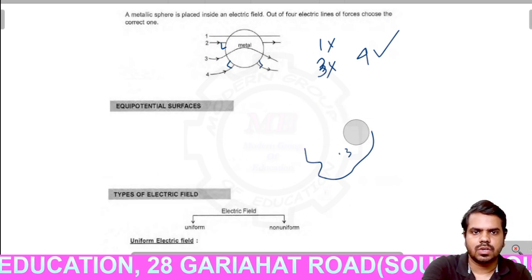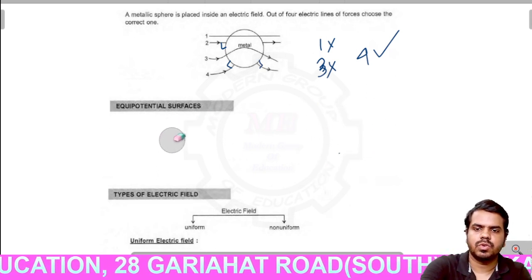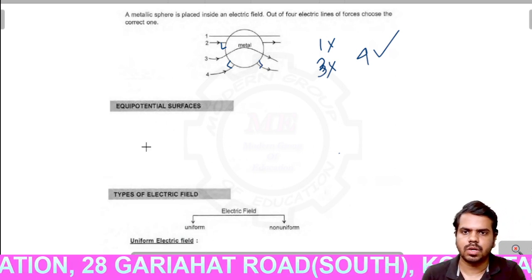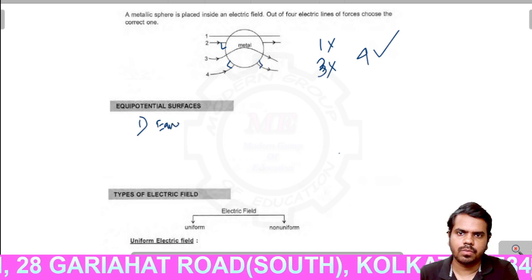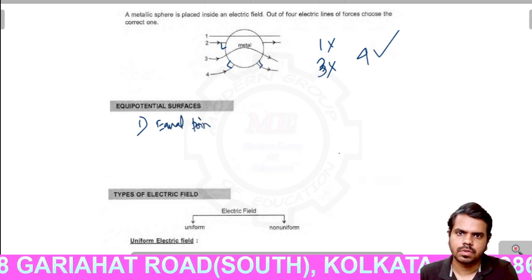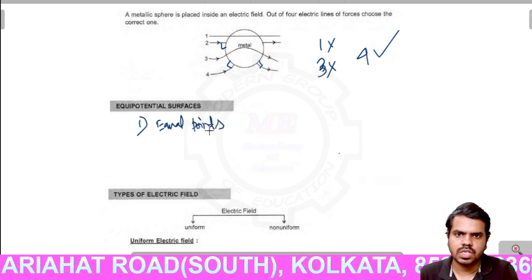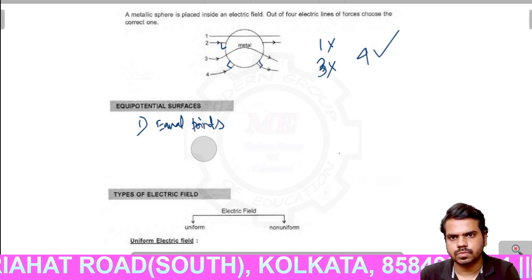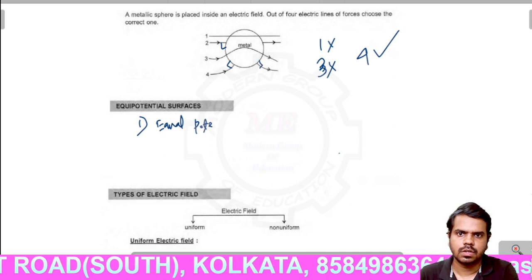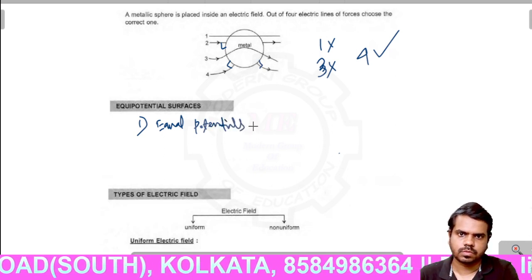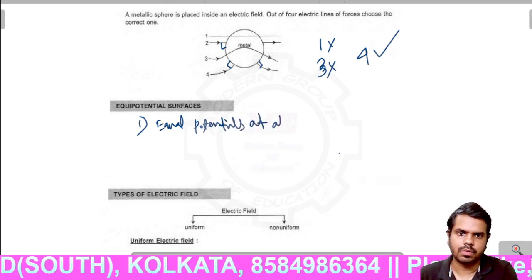There are two important points about equipotential surfaces. Number 1, equal potential at all the points.